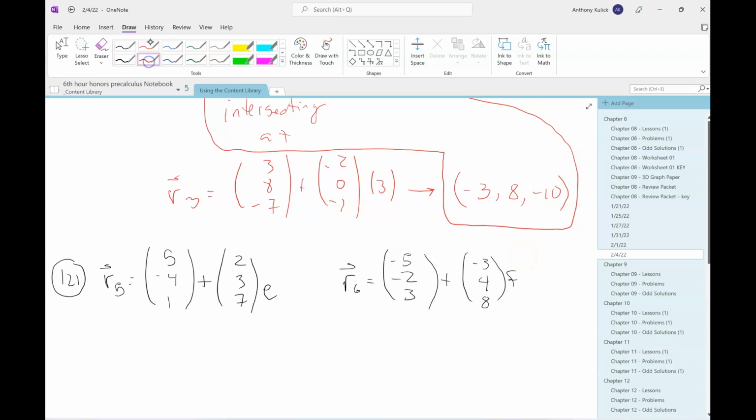Why does Mr. Kulik hate using E as a variable name? Because there's also a number that we call E, right? It's like, which E are you talking about? Is this a variable? Is this the 2.71 yada yada yada? Same with I.